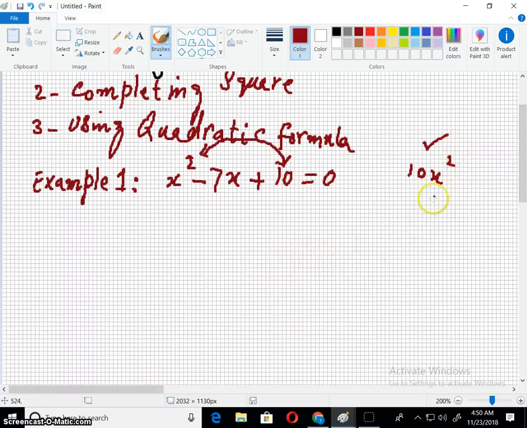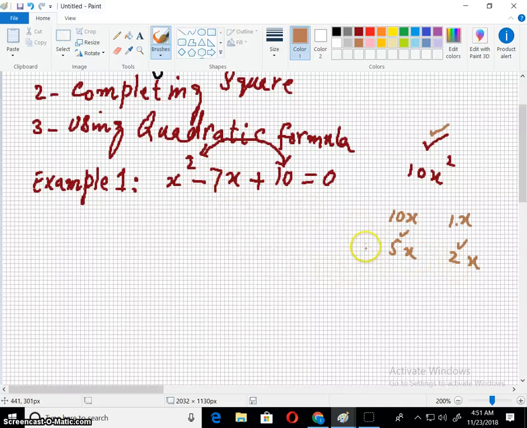So x square can be factored as x into x, and now the only thing that is left is 10. So I can just see 10: 10 ones are 10, 2 fives are 10. If I add these two numbers, I get 7.